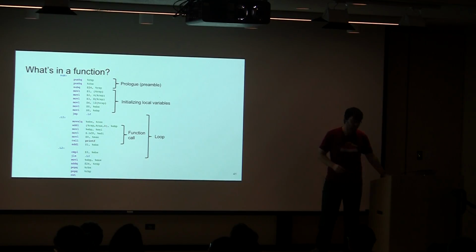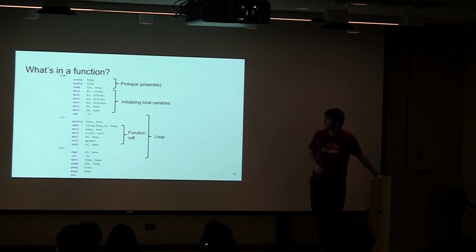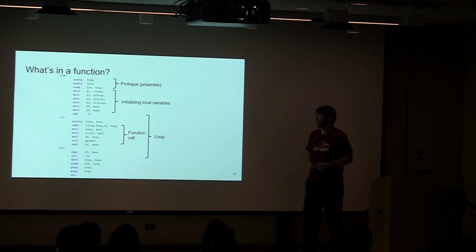Yeah. What is the $ sign dot LC0? Is that a label? That's a reference to a relocatable immediate address. Don't worry about it. That's the short answer. I don't remember where I pulled this from.